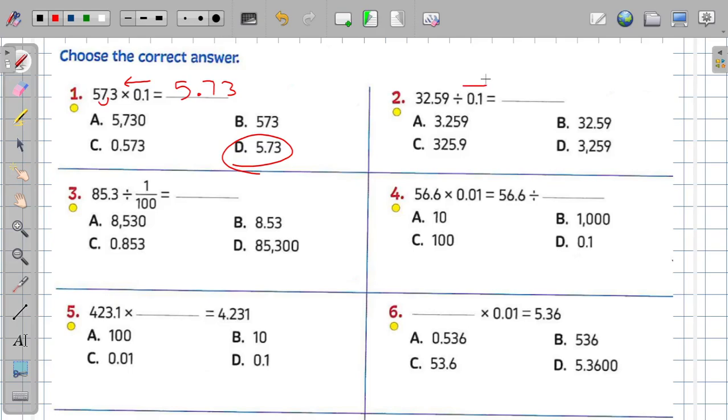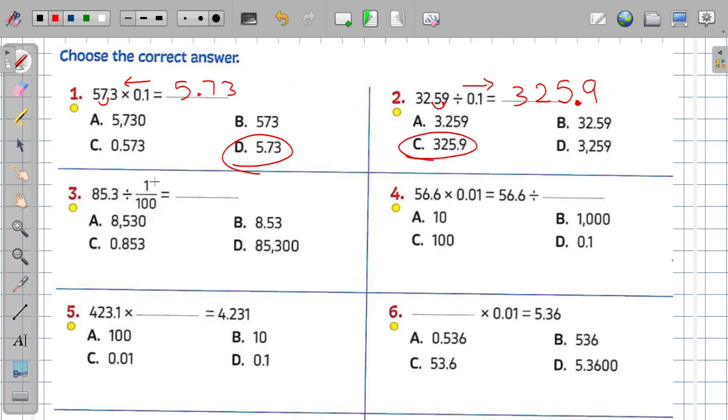So I will move the decimal point to the right. So I have one place. So I have 3, 2, 5, 9, and the decimal point will be between 5 and 9. So I have C.